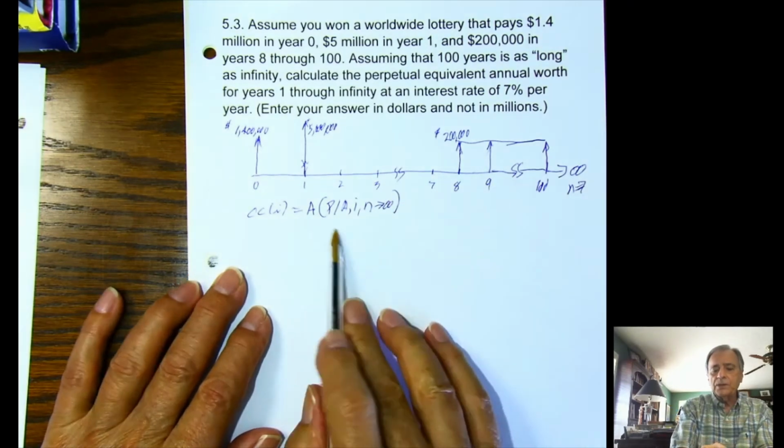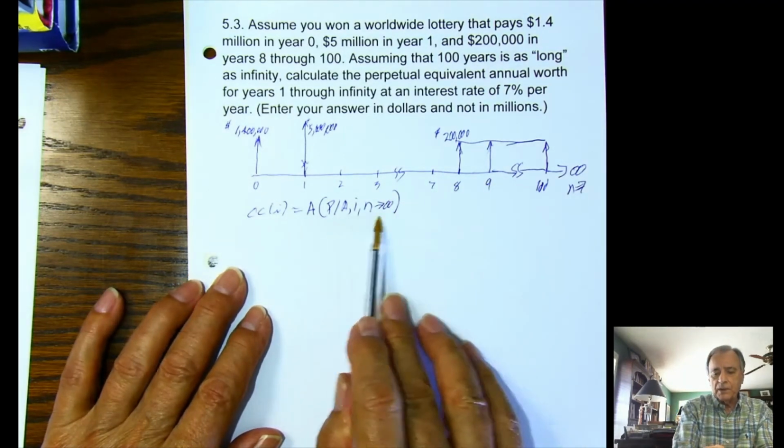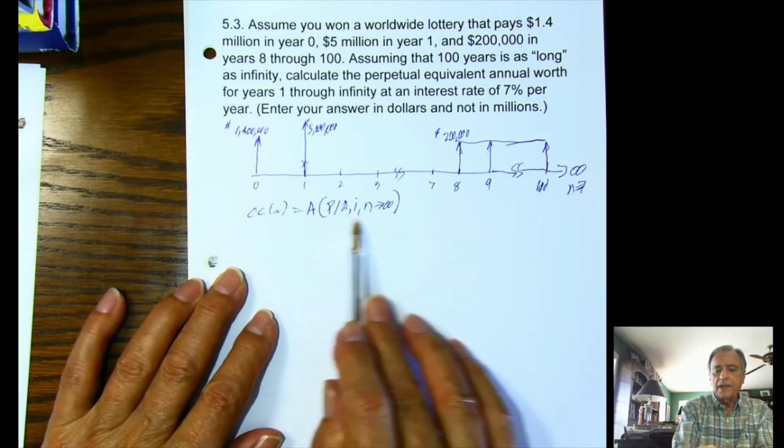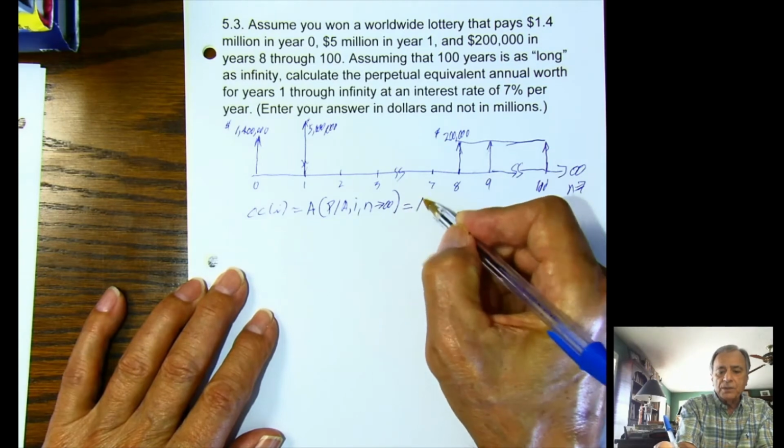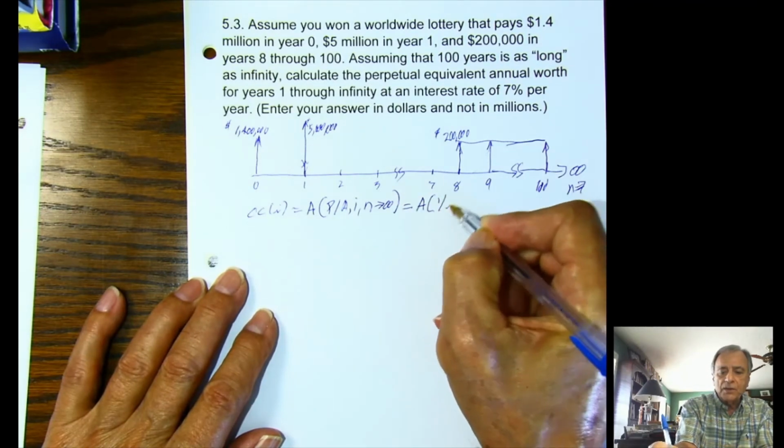We showed that if you take the limit as n goes to infinity, the algebra gives 1 over I. So it would be A times 1 over I.